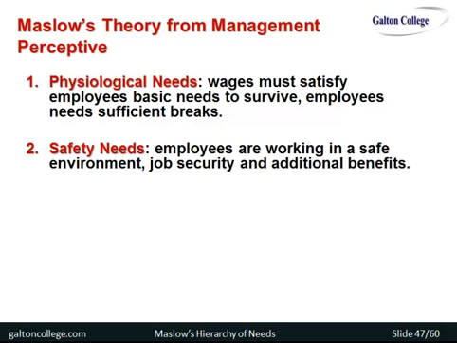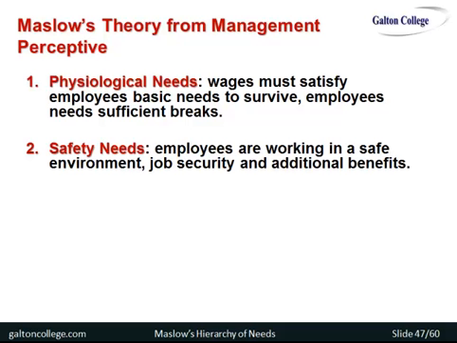Safety needs. Well, employees are working in a safe environment. They need to work in a safe environment. They need to have job security and perhaps some additional benefits, perhaps healthcare benefits or insurance, or knowledge that if they're ill or away from the workplace they will still receive some remuneration.